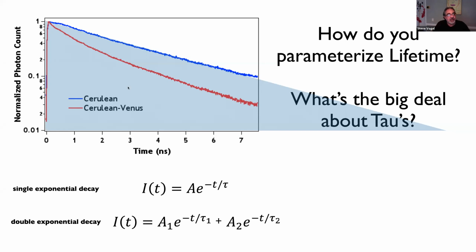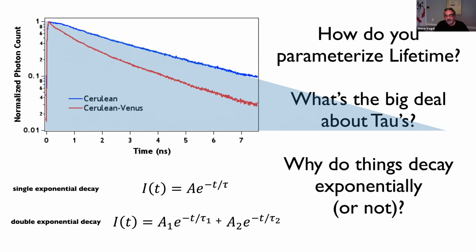So imagine if you're thinking about the blue curve or the red curve here, the areas under these two curves will be different. It'll be smaller for the red curve than for the blue curve. And that tau value or tau average value is going to be directly proportional to how many photons were given off. And as biologists, that's actually the real number we want. We don't care a hoot about taus. What we really care about is how many photons are being given off.